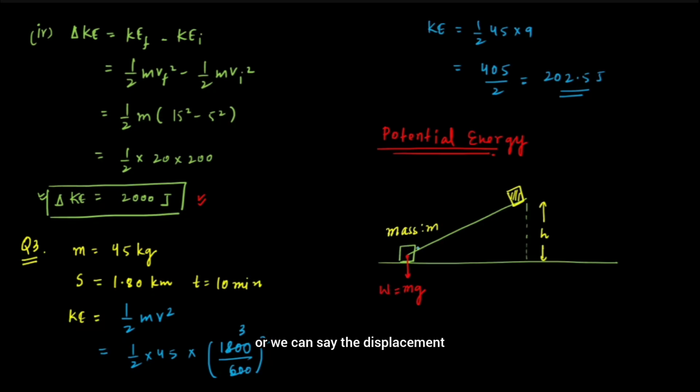Or we can say the displacement which is done along the plane must have two components. One is along the horizontal line, another is along the vertical line. What we need to understand here is that this displacement has two components. One is going to be s cos theta, if I assume that the inclination is theta. Another is s sine theta, which is opposite to the direction of force acting here, that is mg.